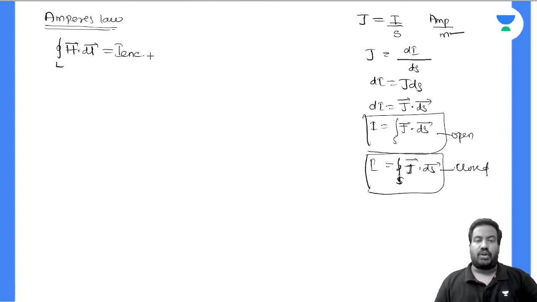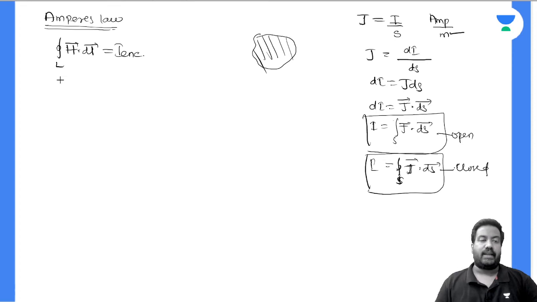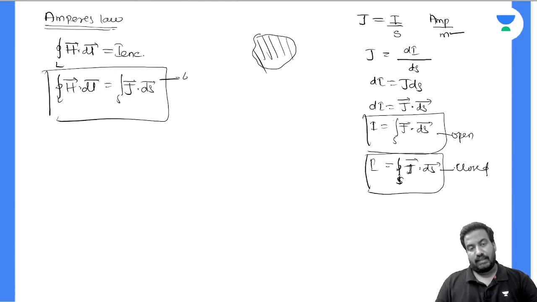Here you are having closed loop. Closed loop can maximum enclose open surfaces only. Therefore closed loop integral of H dot dl, circulation of H, is equal to surface integral of J dot ds. This is called the integral form of Maxwell third equation.